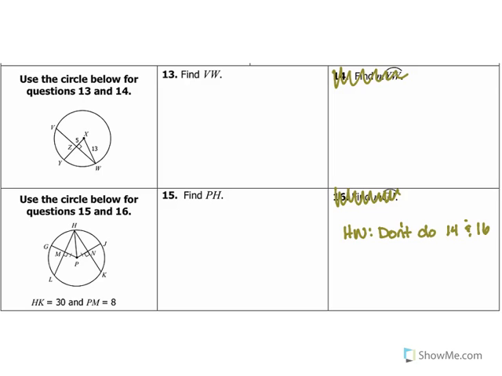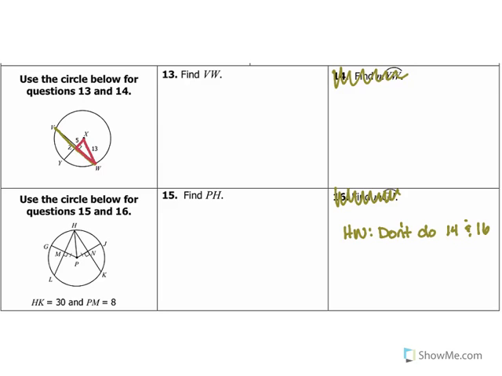So 13 says find the length of VW. Now we're going to use half of that, we're just going to find the length of ZW and multiply it by 2. And we can see that this is a right triangle.